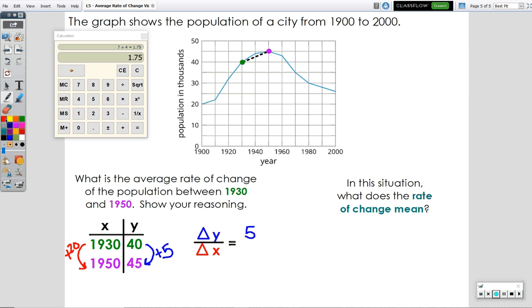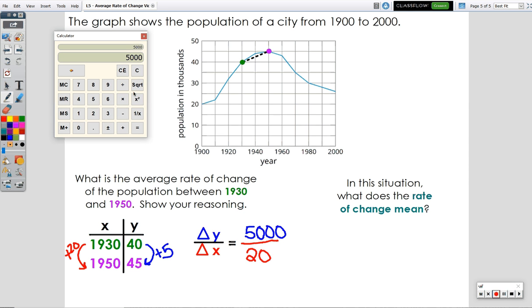My change in x, my years, was 20. Now here's where this problem gets tricky. My population did not just change 5 people, did it? It changed 5,000. So before we make this a unit rate, we want to make this 5,000 people over 20 years. And now we can do this division.